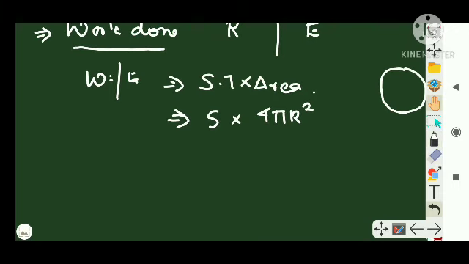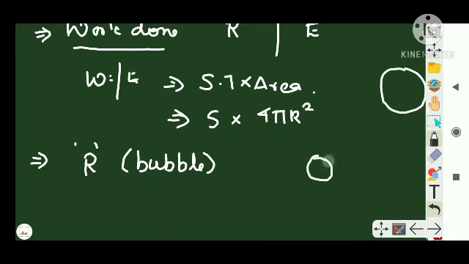Similarly, as an extra topic, if you are asked what is the work done in blowing a bubble of radius r, that is how much work I have to give so that this bubble enlarges itself, it is very easy.